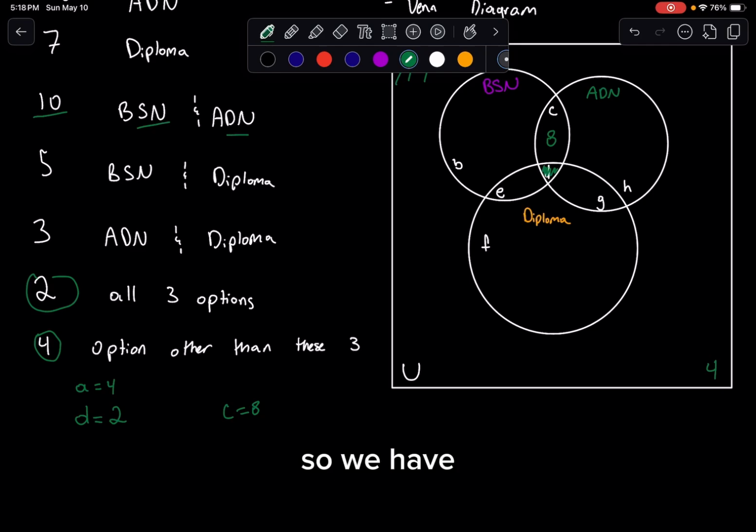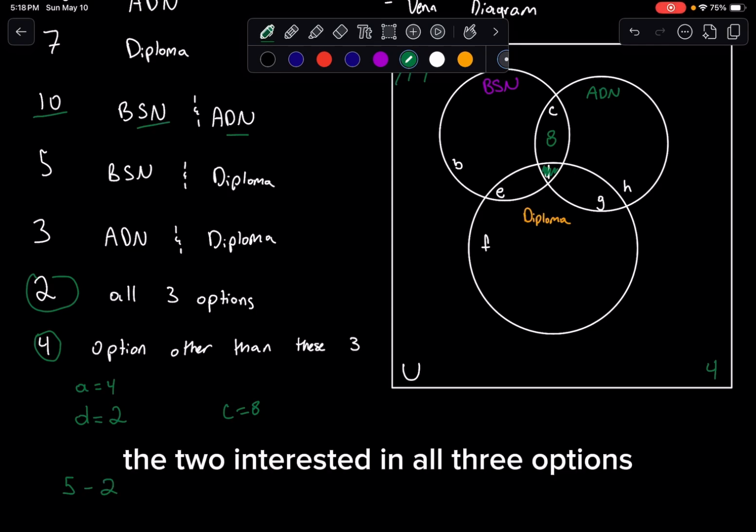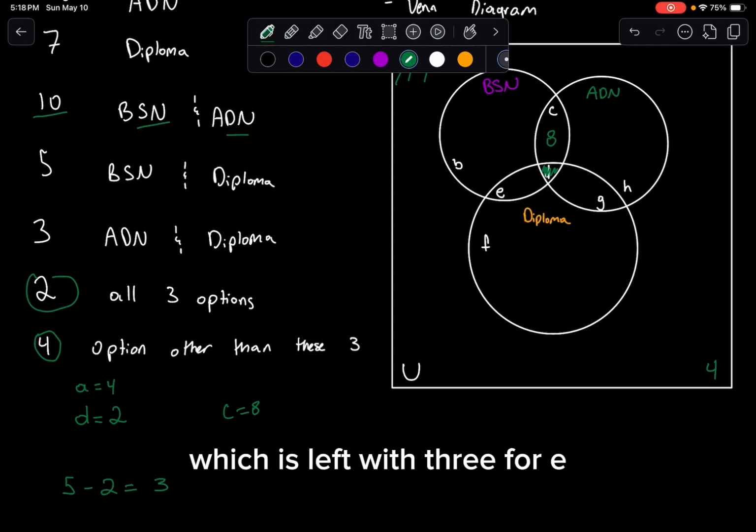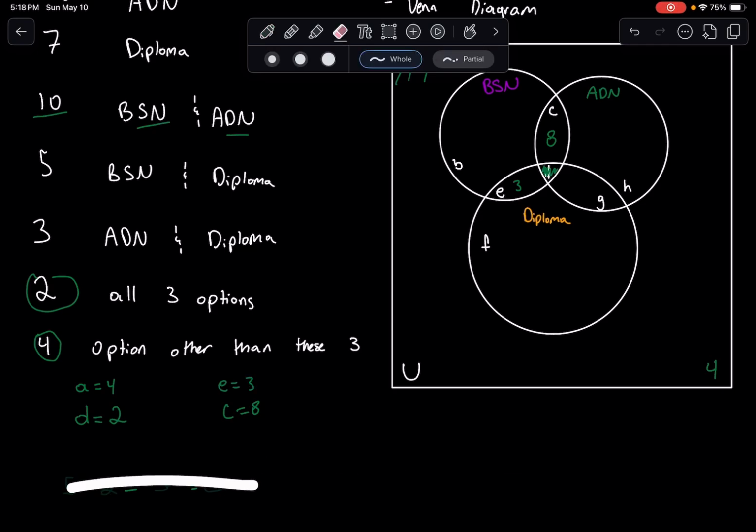So we have 5 minus the 2 interested in all 3 options, which is left with 3 for E. So E is equal to 3.